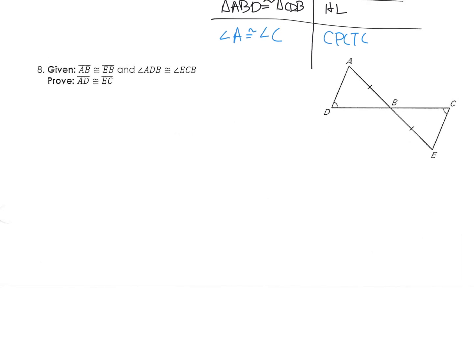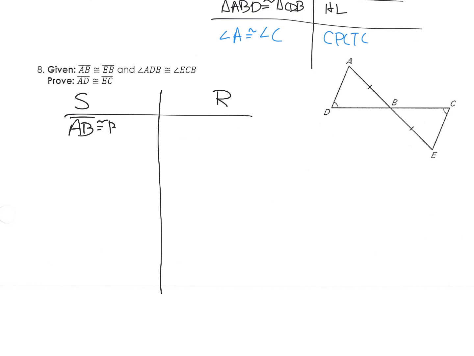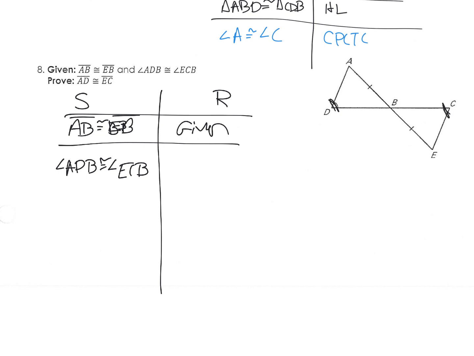So we have, again, statement, reason. We have that AB is congruent to EB. That's a given. It's marked in our diagram. And we have that angle ADB is congruent to angle ECB, which we could just say angle D and C since they're all by themselves. That's also a given.